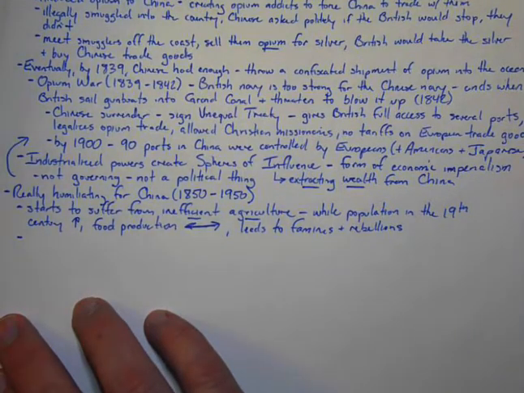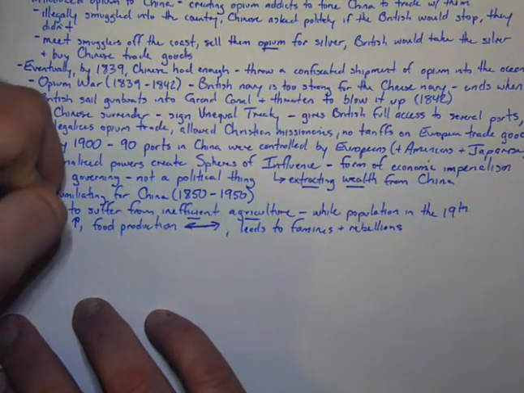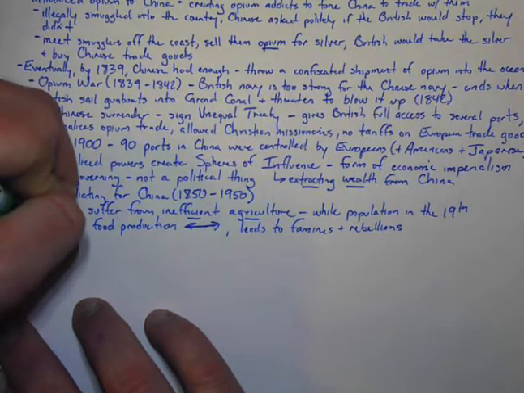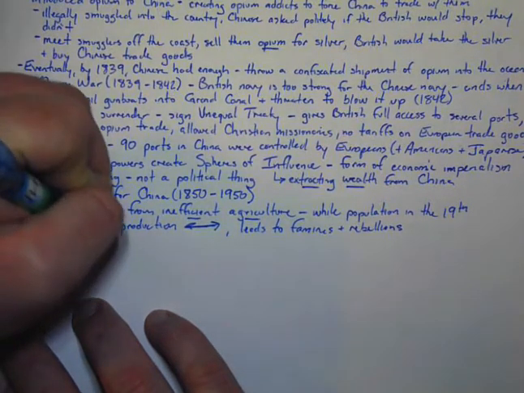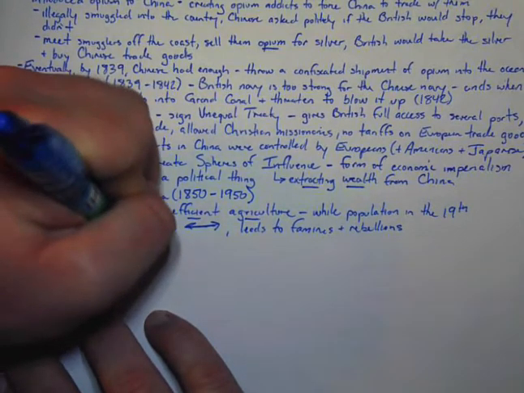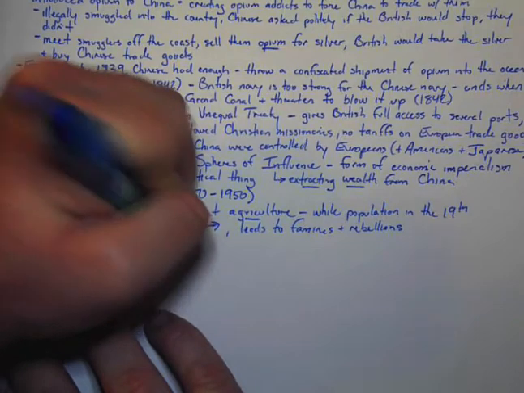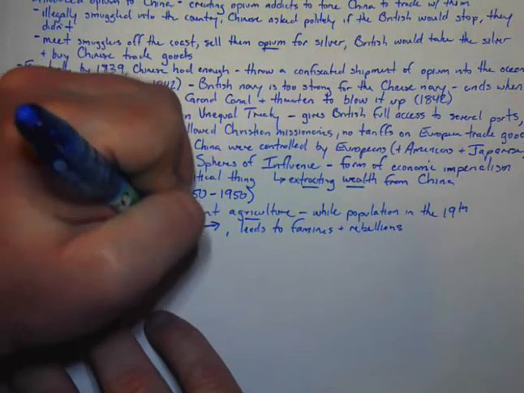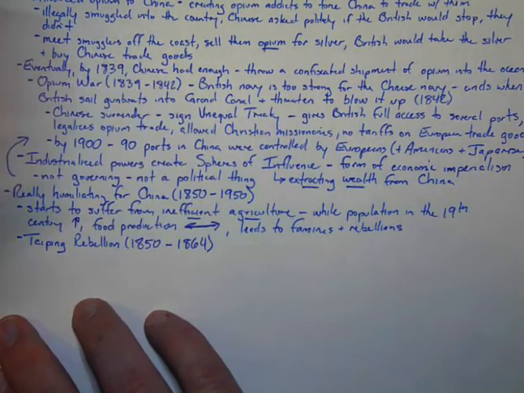And the biggest, most devastating rebellion in China during the 19th century was the Taiping Rebellion, which lasts from 1850 to 1864.